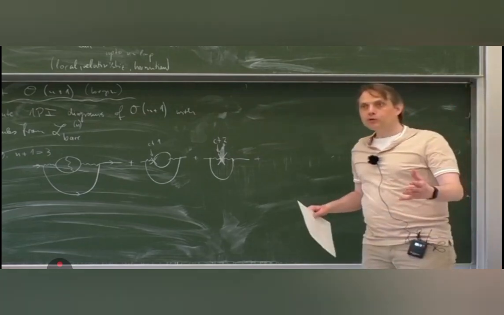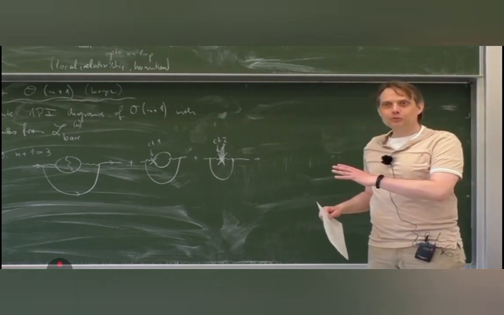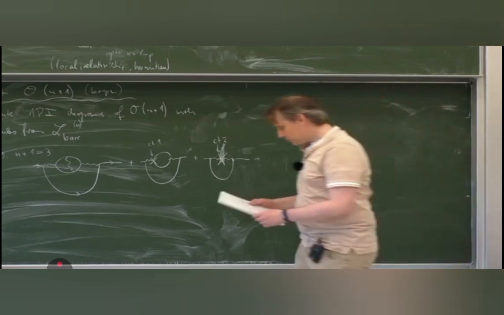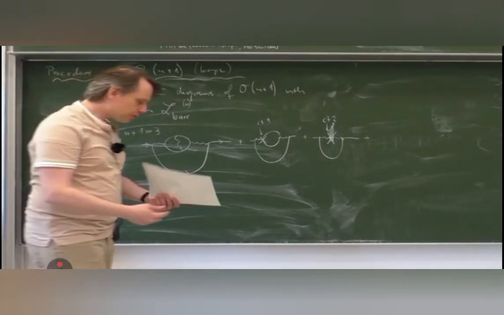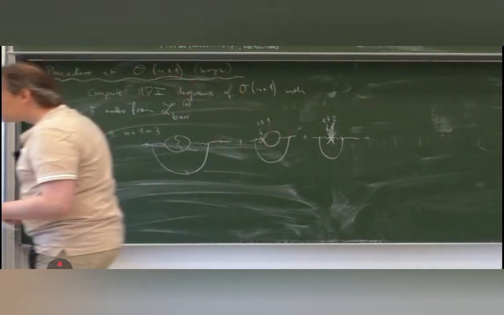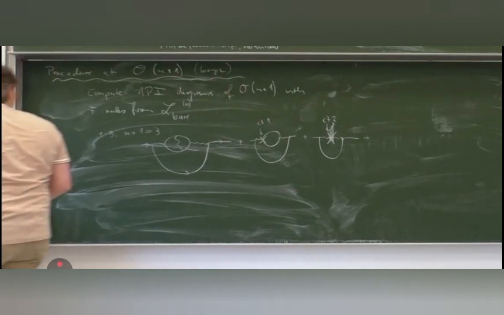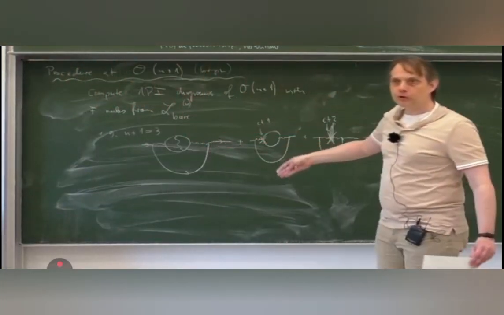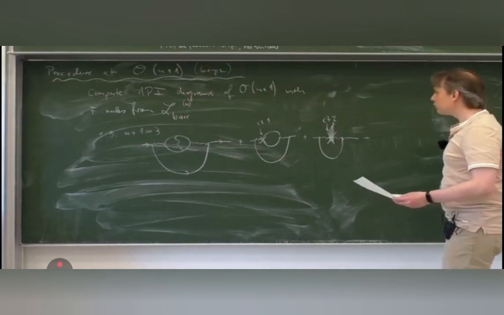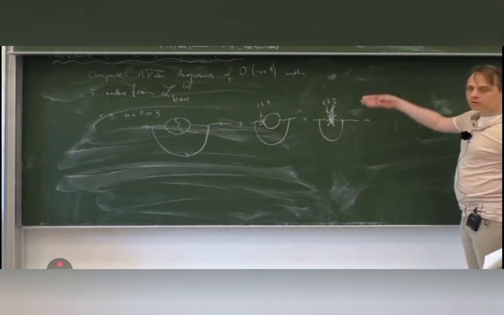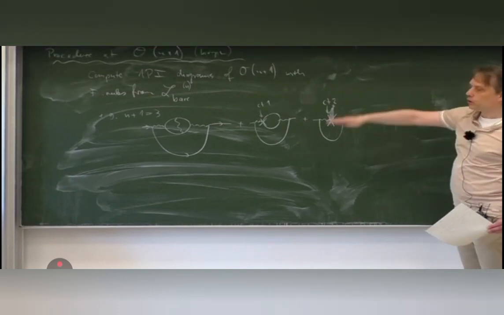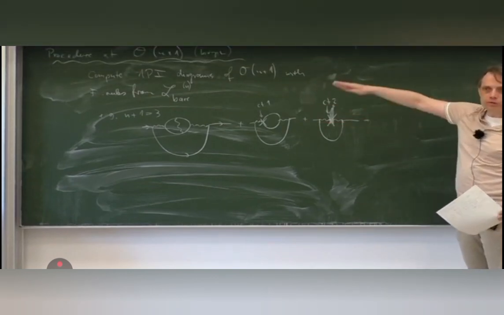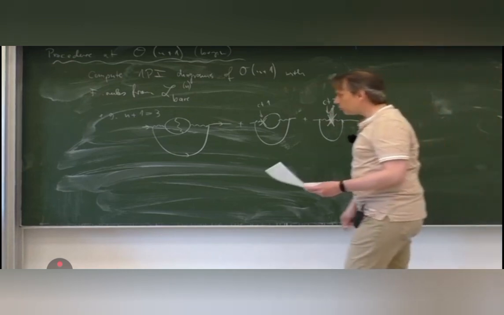If you make a mistake, you will see it, and how you will see it, we will soon discuss. You will inevitably obtain results which can't be correct, and we will discuss how you can see this. Okay, so you do this, you obtain some result, you write it down into a Mathematica file or whatever, and now there are two theorems which I want to explain to you, which are relevant to discuss the results that you might or might not obtain here.